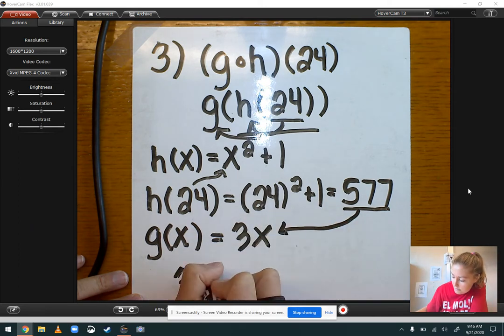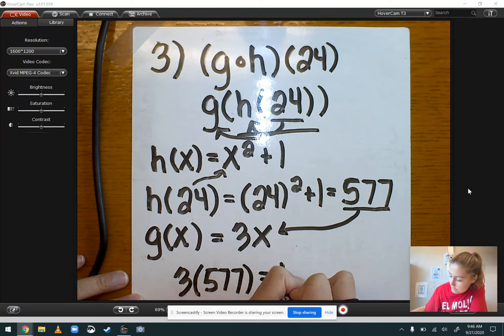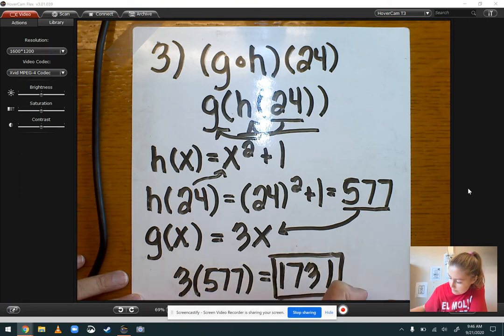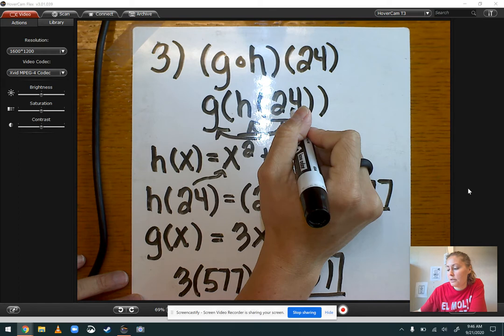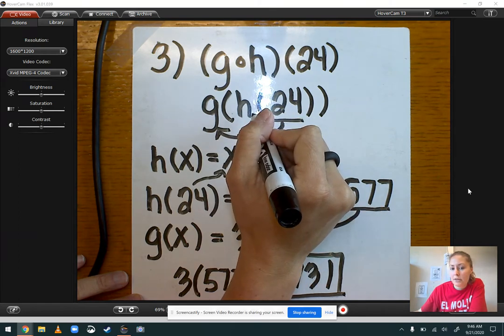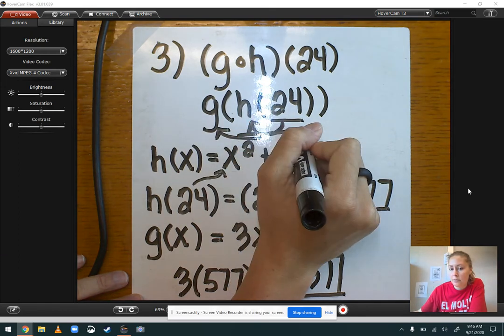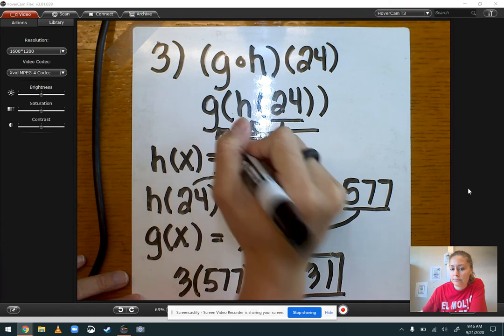So 3 times 577 equals 1731. So again, we took the 24, plugged it into the h, found that value, and plugged it into the g.